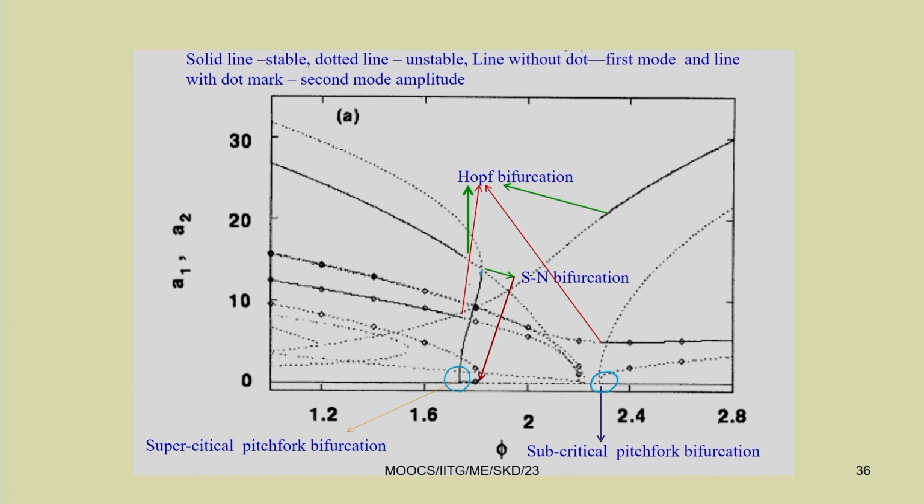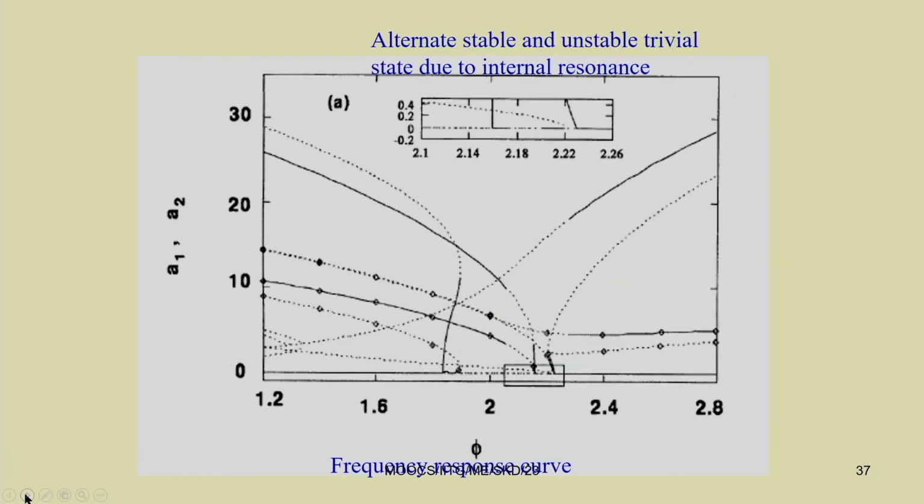Here you can observe a stable solution giving rise to an unstable solution. In case of the Hopf bifurcation, from the stable fixed point response you may get stable periodic response or unstable periodic response. Depending on that, you can have the subcritical or supercritical bifurcation.